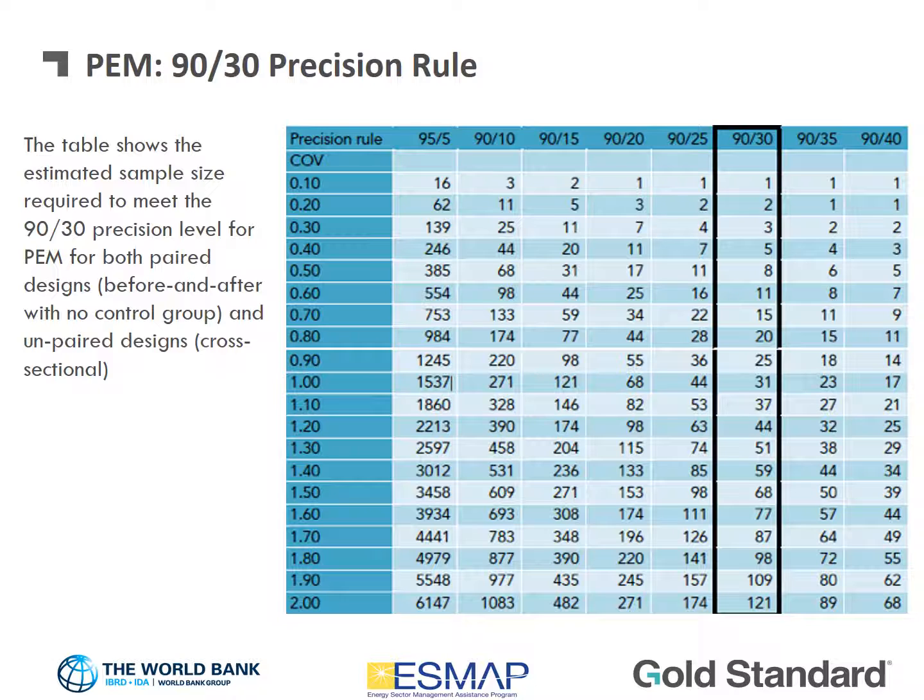And then we come over here and look at our sample sizes. So conservatively, our sample size of 30 minimum expects a COV of about 1. And should you expect to have a higher COV, you can increase your sample size accordingly.